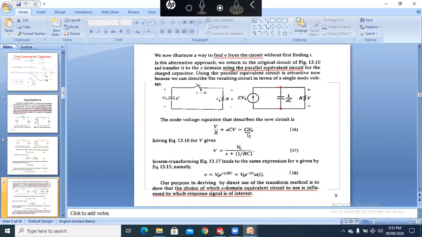From this we can calculate the value of voltage across the resistor. Because the voltage across the resistor is the same as the voltage across the capacitor, that voltage is V naught over S plus 1 by RC. And we apply the inverse Laplace transform to get this relationship: V naught e to the minus t by RC U of t. And RC is tau, the time constant of the circuit.